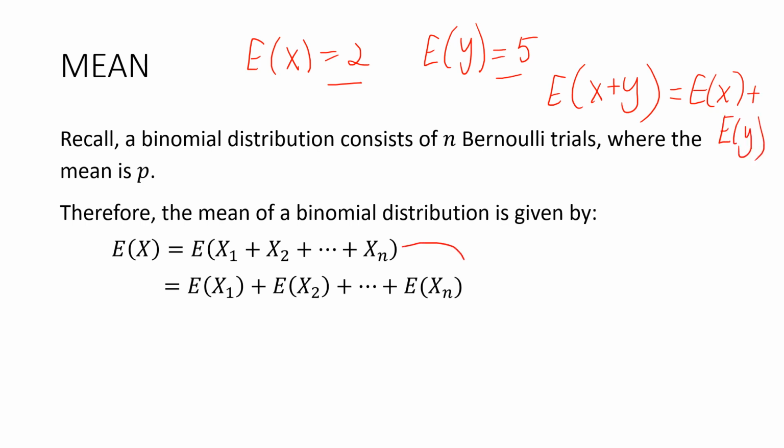Hence I can go from here to here. Now we know that each one of these, the expected value is p. And there are n of them, so the expected value of our binomial distribution is np.